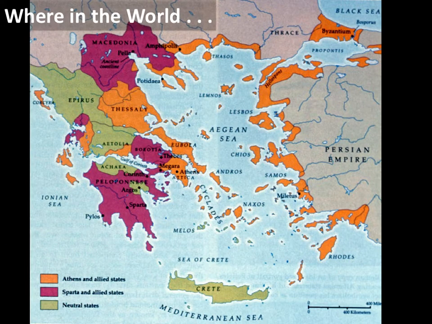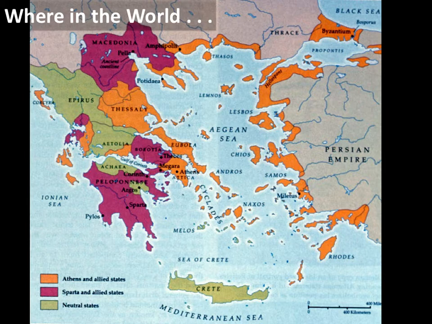But narrowing in more specifically, when we're talking about the ancient Greek world, we're talking about everything that's colorful in this picture, from at the top with Macedonia all the way down to Athens in orange, Sparta in red, the great big island of Crete, and even some smatterings on that orange side over into what is now Turkey.